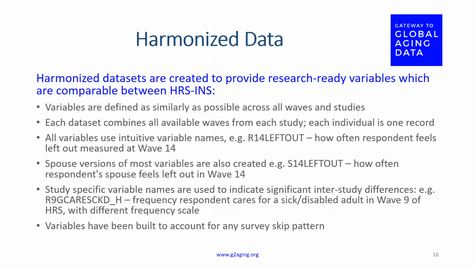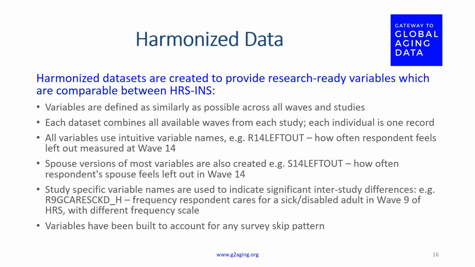As I briefly explained before, harmonized datasets are created to provide research-ready variables that are defined to be as comparable as possible across waves and studies. One harmonized dataset is created for the data for each study. They are longitudinal and incorporate all available waves and are set up so that each individual is one record or row.